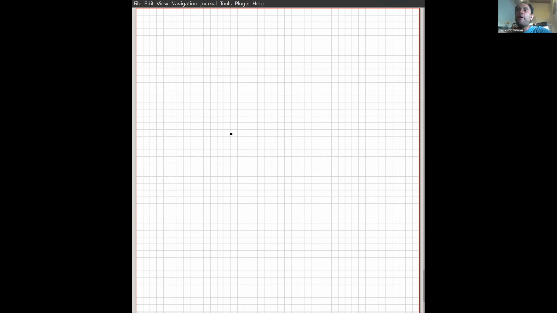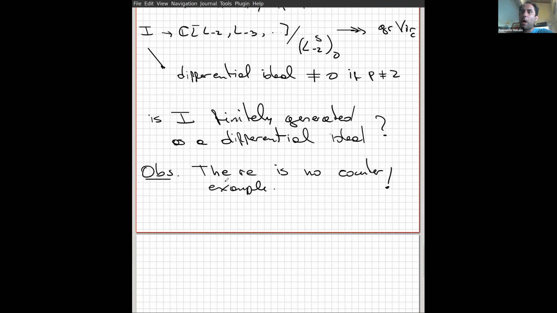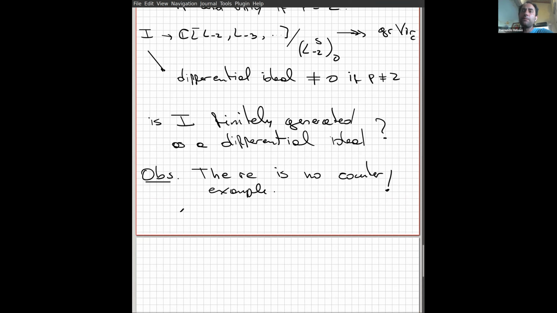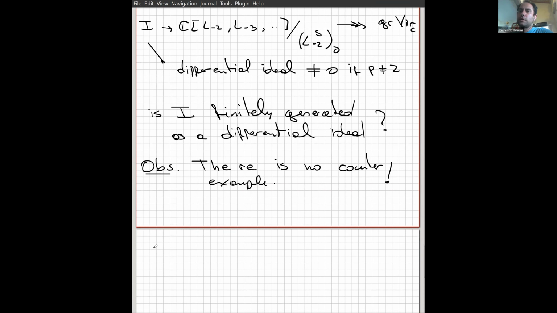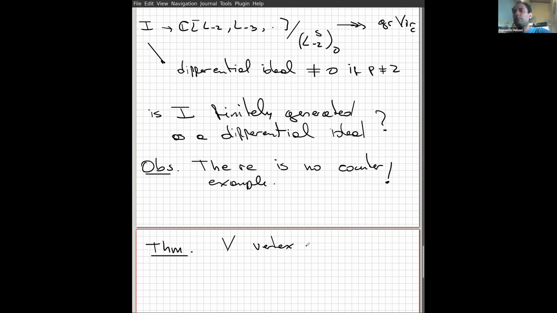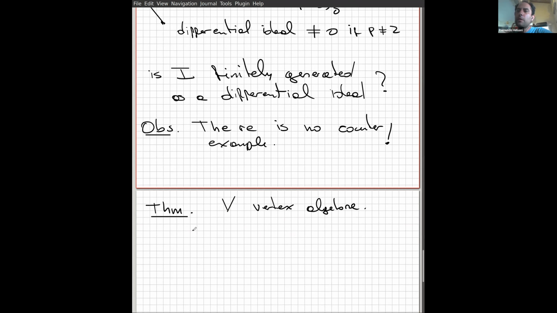Let me tell you why I care about this question. This is a theorem. So again, V is a vertex algebra. There are two components here. We have R, the C2 quotient, which is a Poisson algebra.